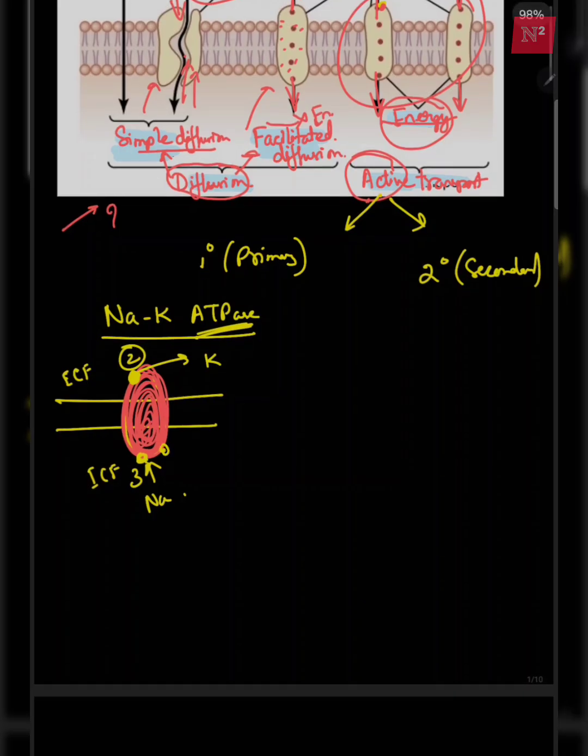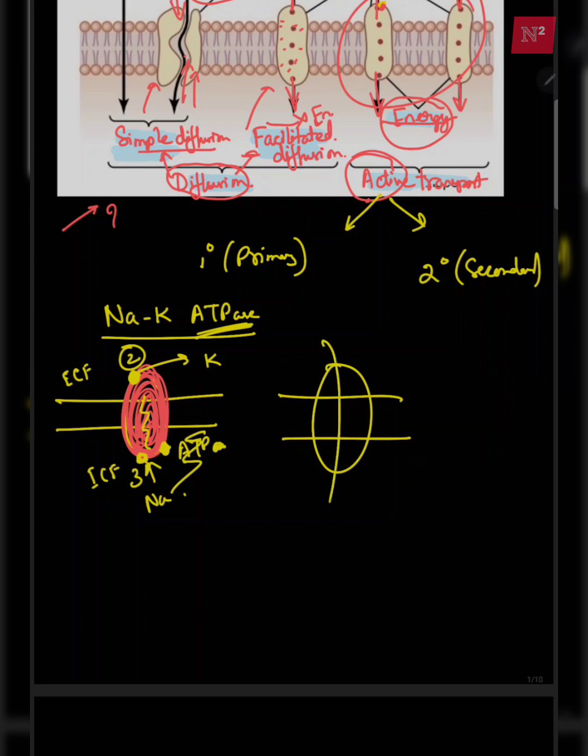Along with that we have a site which attaches the ATP molecule. There is an ATPase enzyme which breaks down ATP, and this energy is used to change the conformation of this molecule. With the help of that, the molecule transports the substance: the potassium will go inside and the sodium will go outside.